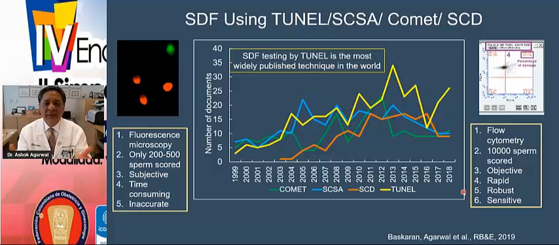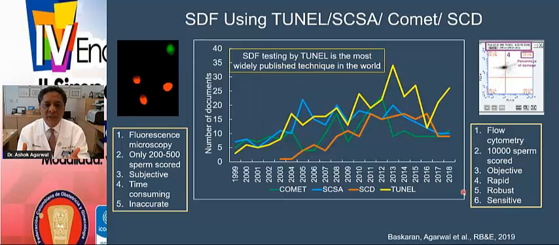And the test can be conducted by multiple different technologies, whether it is TUNEL, SCSA, which is called sperm chromatin structure assay, or COMET, or sperm chromatin decondensation. But this is not all. There are many other techniques which can allow you to measure the number of sperm which have undergone any kind of fragmentation.